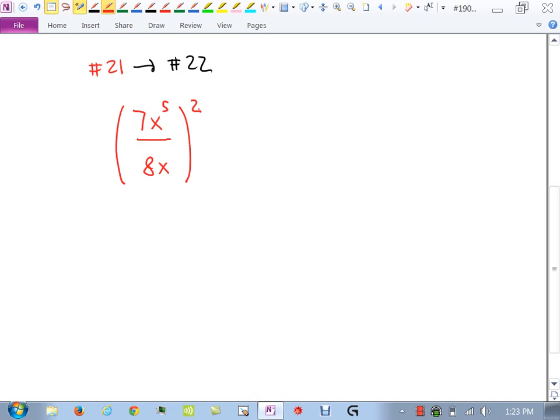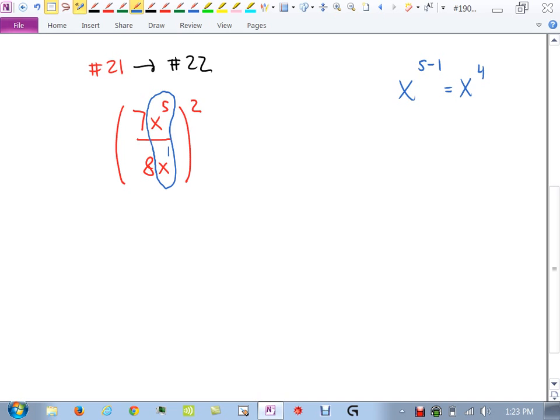You could look inside the parentheses first and ask yourself, is there anything that I can do to the inside? Do you all see that right there? That's really an x to the 1 on the bottom, right? So I could turn that into an x to the 5 minus 1, which is x to the 4th. I could do that.